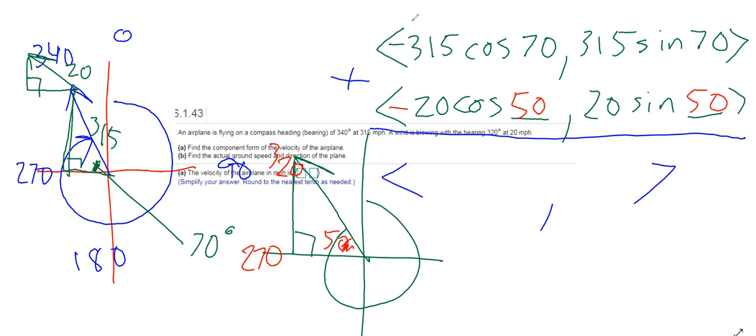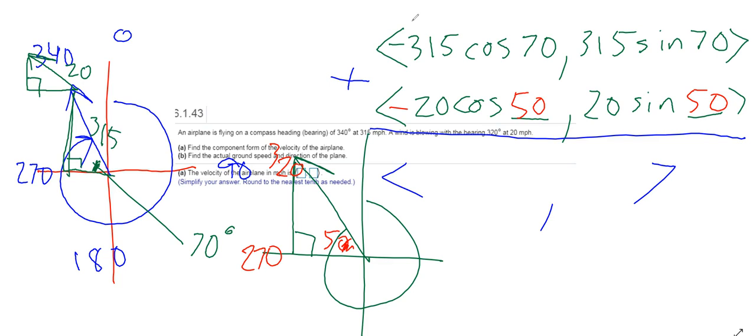Now that's interesting. The question for part A says, find the component form of the velocity of the airplane. But the answer for A that was copied and given to me says the velocity of the airplane. So that's a little misleading.